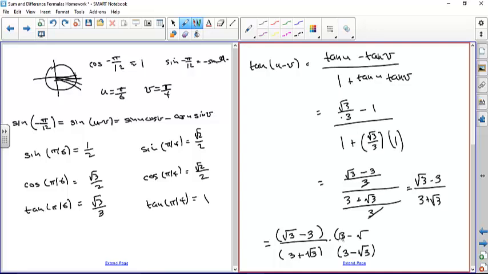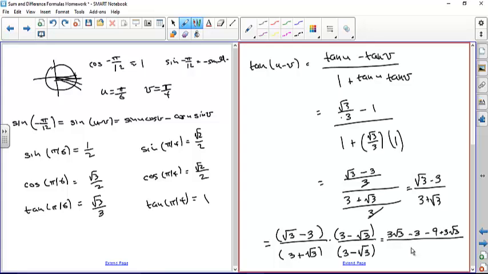So since the original denominator is plus the square root of 3, we're going to multiply by minus the square root of 3. And then if we use FOIL, we'll get 3 times the square root of 3 from first. Outer we'll get negative 3. Square root of 3 times negative the square root of 3 is negative 3. Inner we get negative 9. And last we get minus times a minus, so it's plus 3 times the square root of 3.